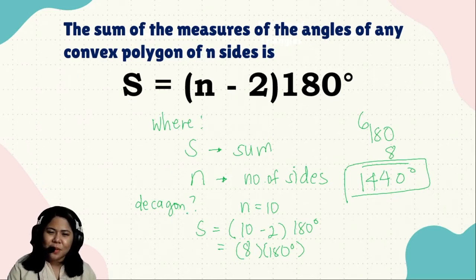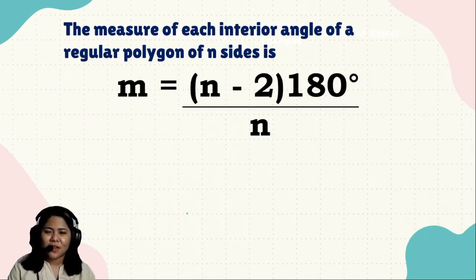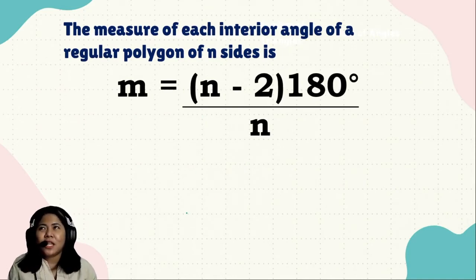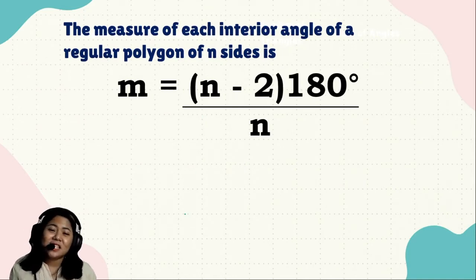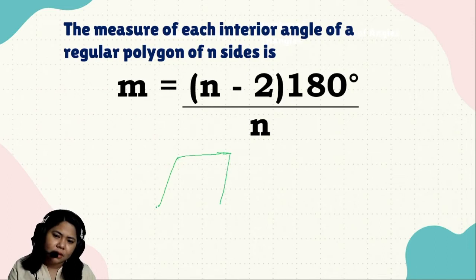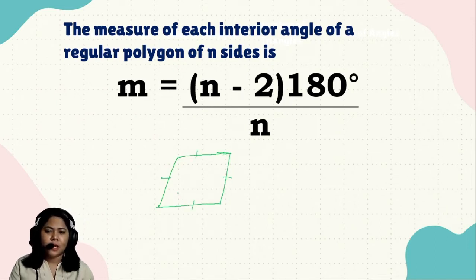So, aside from the measures of the angles of a convex polygon, we can also determine the measure of each interior angle. So, for example, I have a quadrilateral. Pare-parehas sila ng sides. Okay?